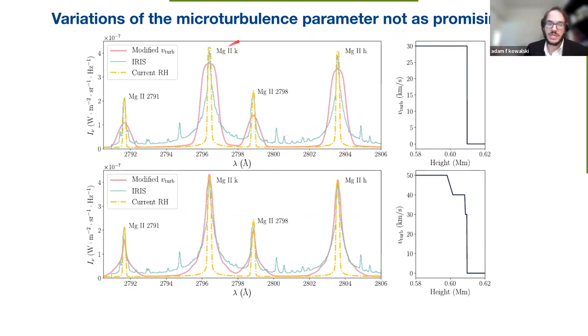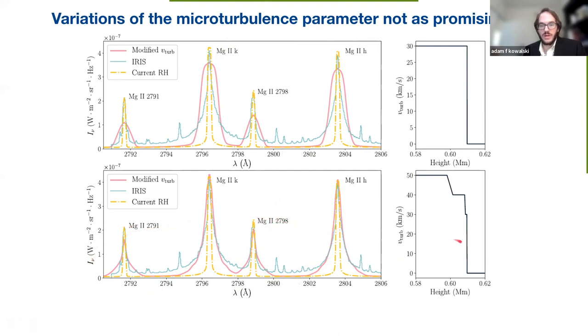And so Yingji experimented with several different prescriptions for microturbulence and found really, really bizarre looking line profiles. If he fine-tuned the microturbulence such that it's even supersonic, we still don't get the really nice damping Lorentzian wings in the observations. And also the more minor magnesium 2 lines are just completely off.